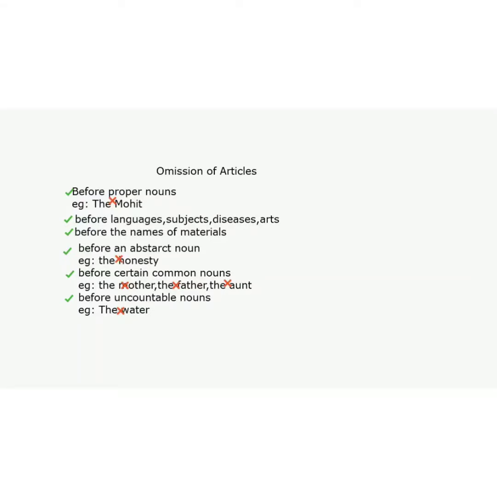Next, whenever we are talking about certain common nouns, for example, mother, father, we don't use the before them. Have you ever said, she is my the mother? No, we don't use the in front of some of the common nouns. Next, whenever we are talking about uncountable nouns, at that point also we don't use the. For example, water, we don't say the water.